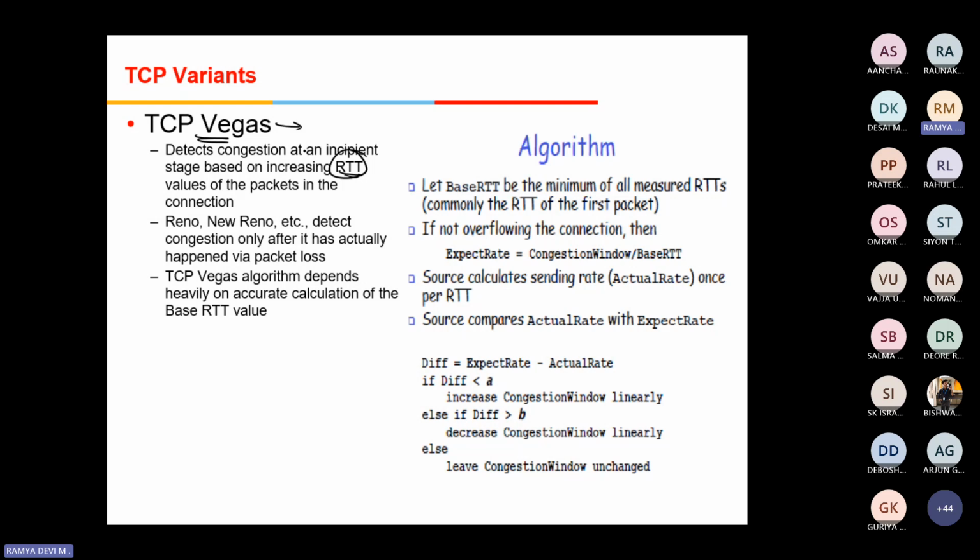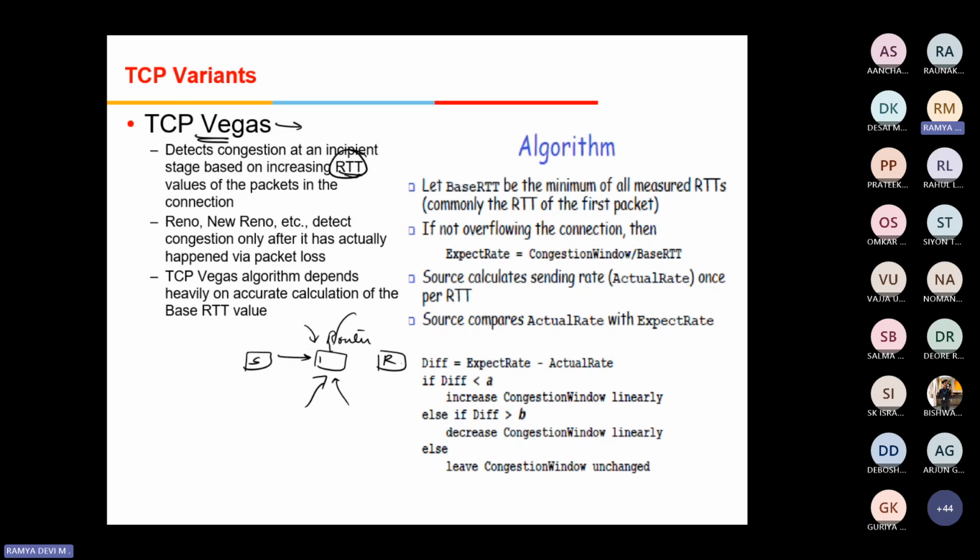The queue length in the network will begin to increase, and the RTT will also be increasing, right? I'm sending the packets to the router. The router will be getting multiple packets from different senders, right?